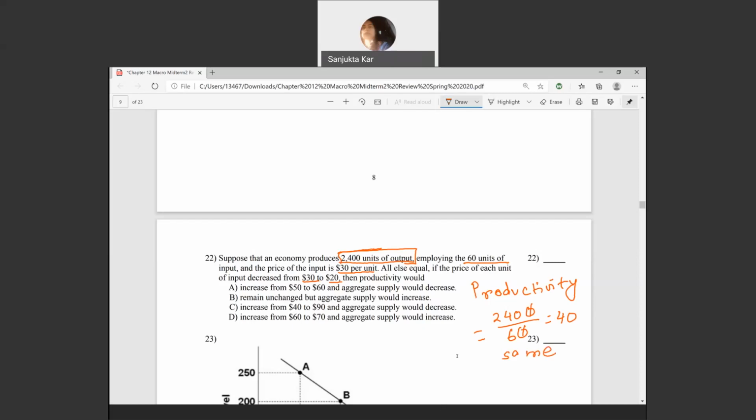Per unit production cost is total input cost over total output, right?